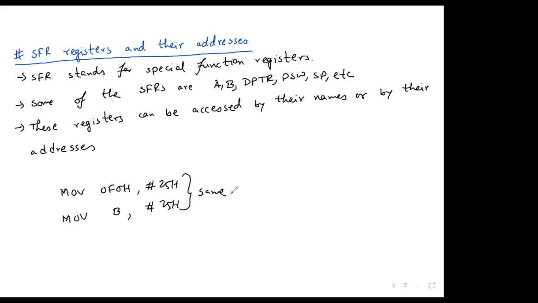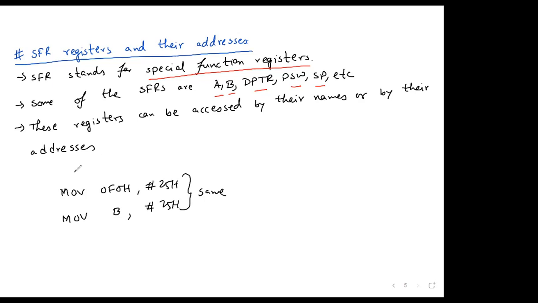Now let us discuss SFR registers that we just heard a little while ago. So these are known as your special function registers. Some of the SFRs are A, B, DPTR, PSW, SP. There are a lot of other SFR registers as well. The important thing to notice is that these registers can be accessed by their names or by their addresses.